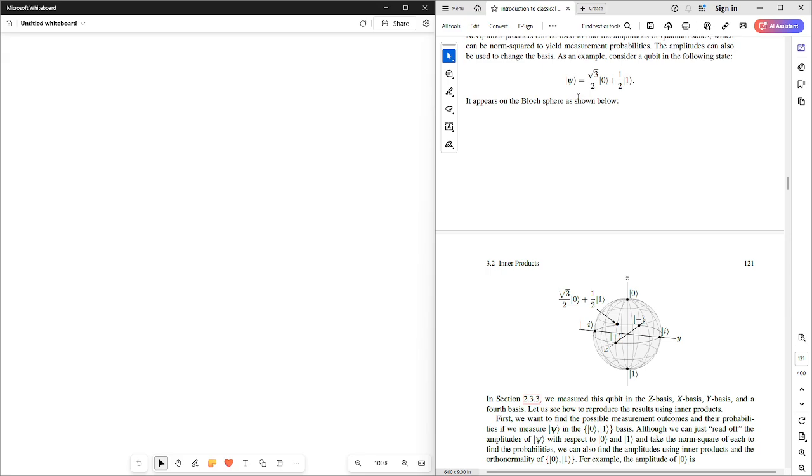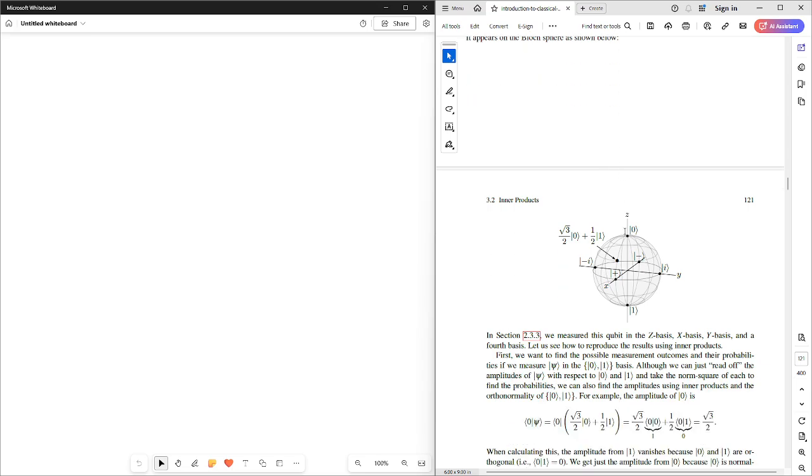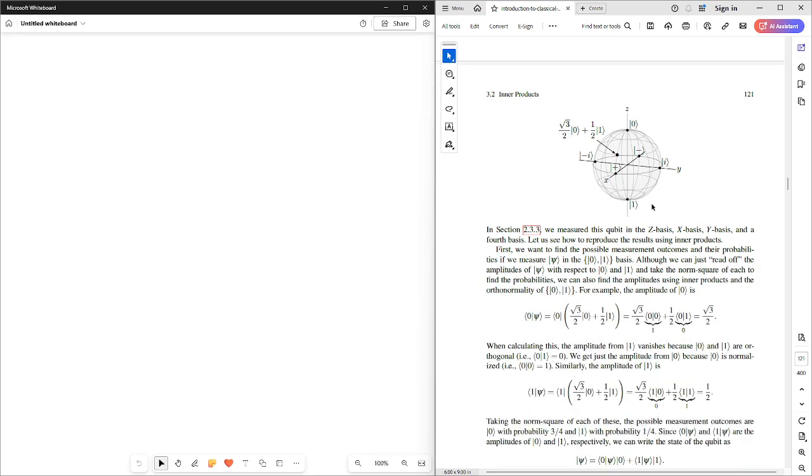This psi with square root of 3/2 for 0 and 1/2 for 1 sits there on the Bloch sphere. It's leaning more towards the 0 pole, so we have a higher probability: 3/4 and 1/4 when we measure in the z basis.